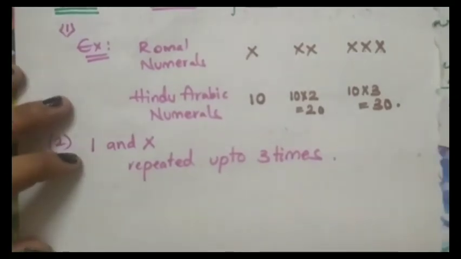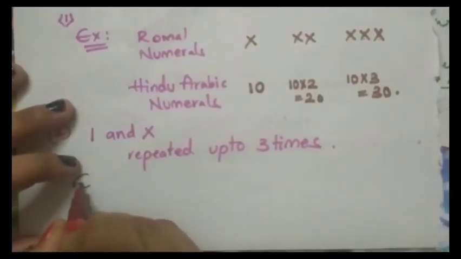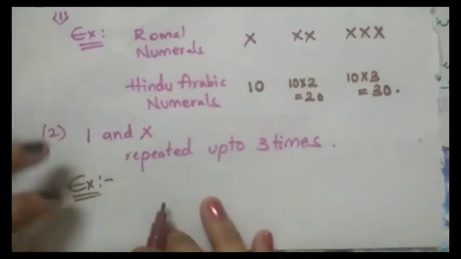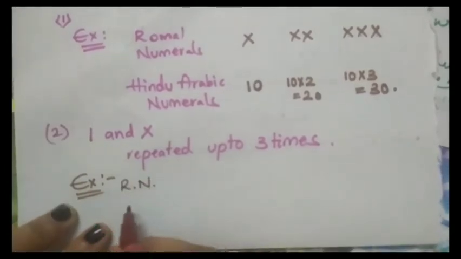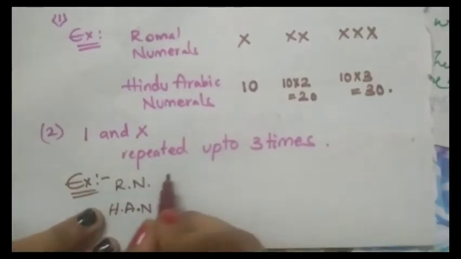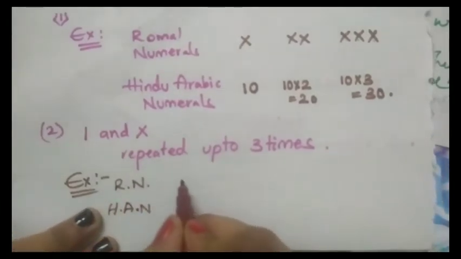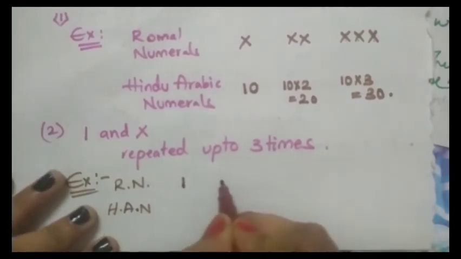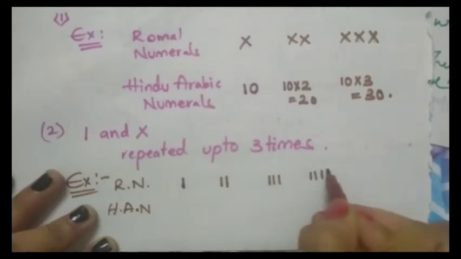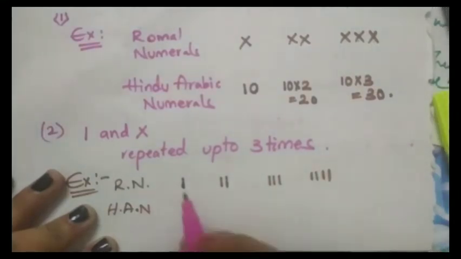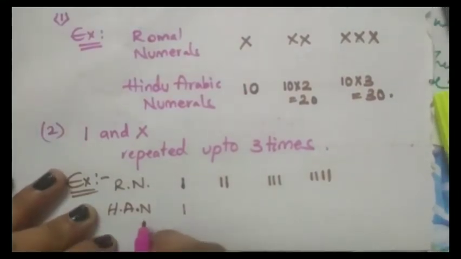Look here. For example, Roman numerals, Hindu Arabic numerals. Here in Roman numerals we have I. This I means 1 in the Hindu Arabic system.